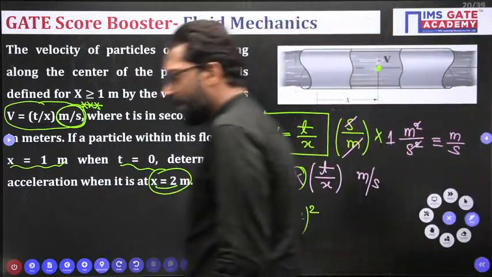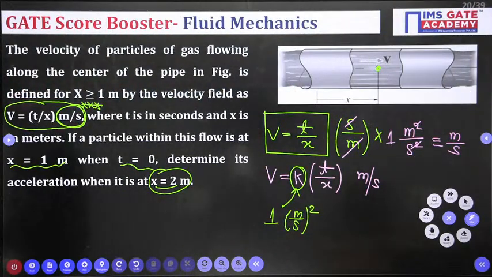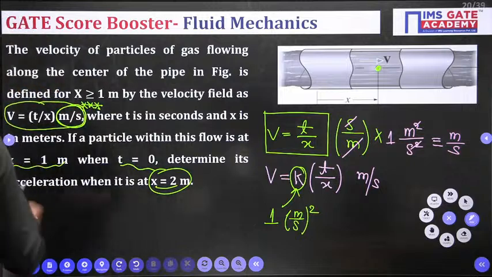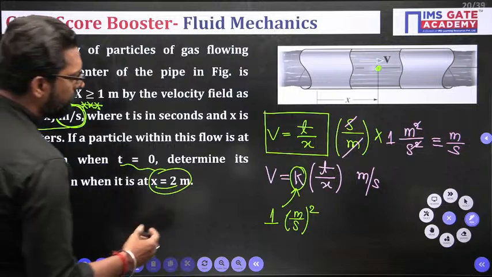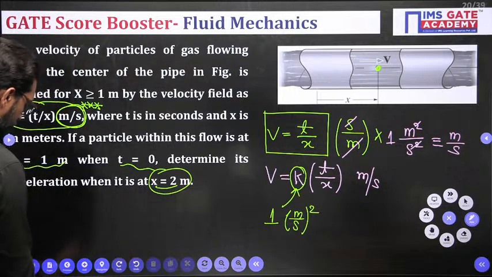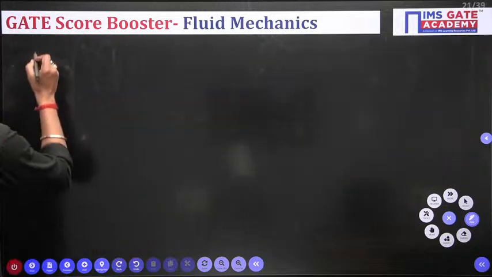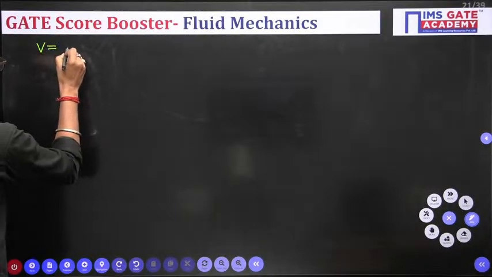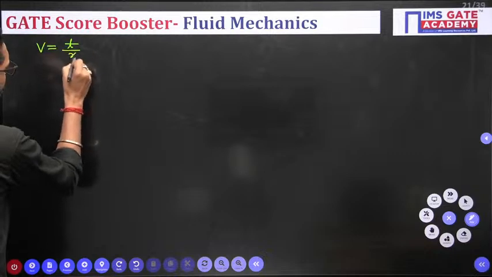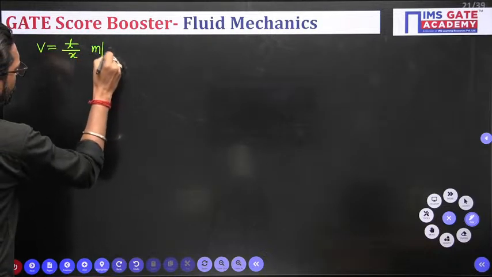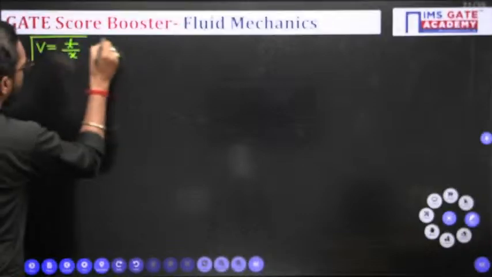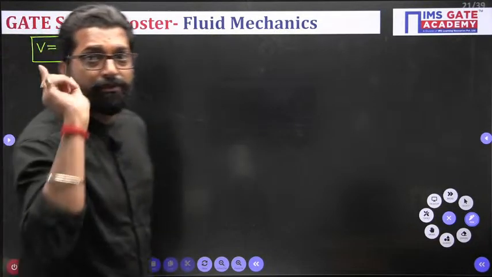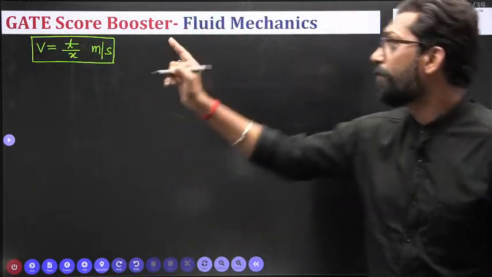Now my dear, let's see something inside there. If you see the velocity profile, what is the velocity given? The velocity given is t by x meter per second. Now my dear, this velocity is a function of time as well as position.